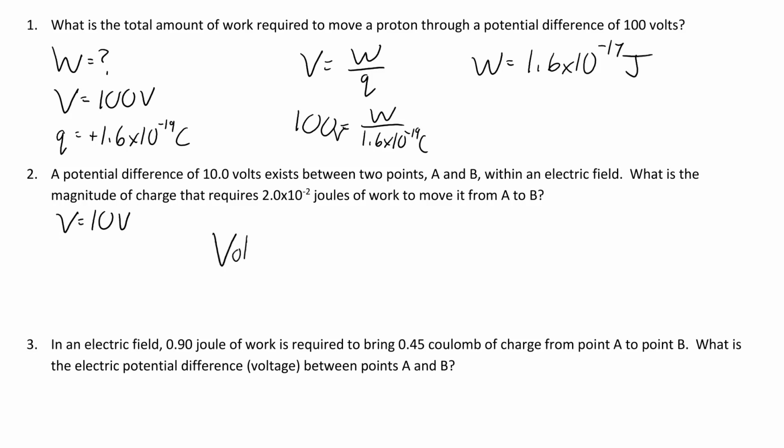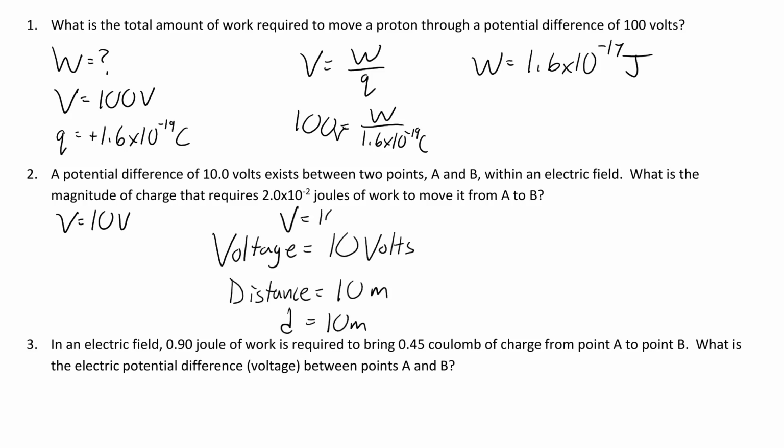So the voltage is equal to 10 volts. That's like saying the distance is equal to 10 meters. But instead of having a separate letter, which makes it make sense, you have the same letter, which sometimes people get confused about. So I totally understand that.